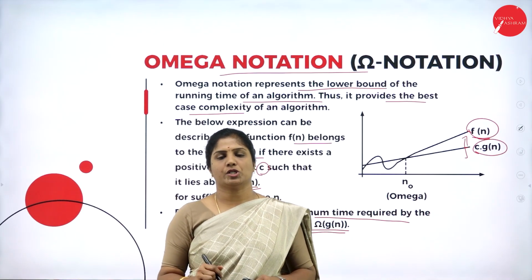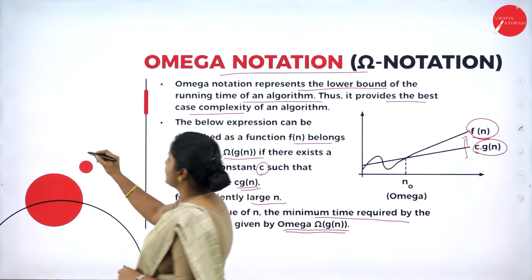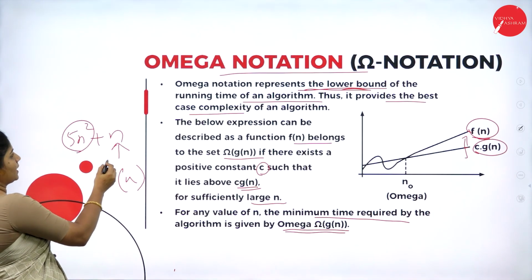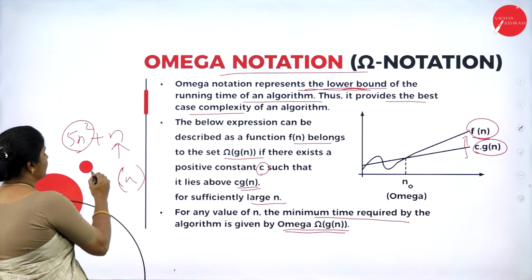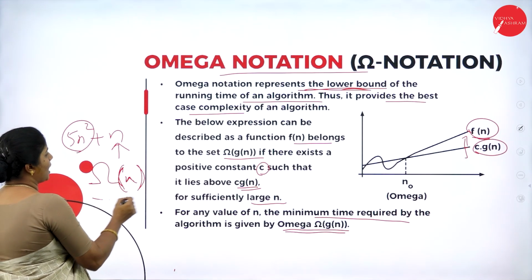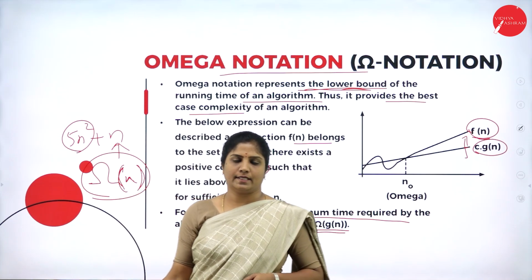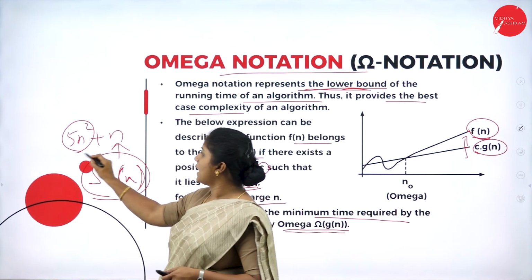Considering the omega notation, if I take an example, n square plus n, then by considering the lower bound, we can write omega of n. This is how we can write the complexity using the omega notation for the given expression.